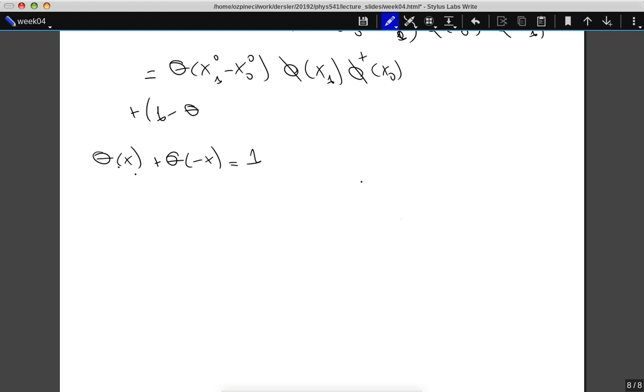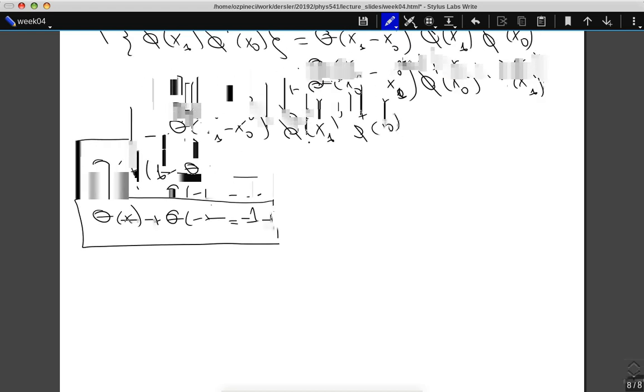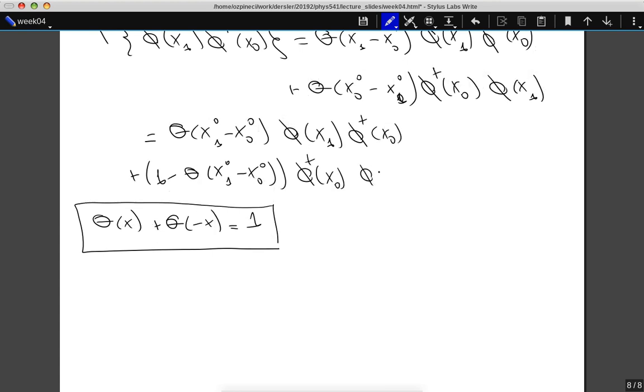Sometimes it's conventionally defined to be 1/2, and this relation still holds. So I can just write my time-ordered product as, I'm just rewriting the second term. So the time-ordered product just becomes theta of x1^0 minus x0^0 times the commutator.